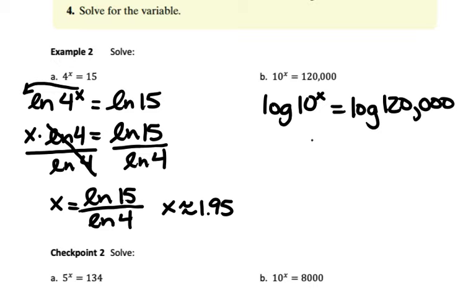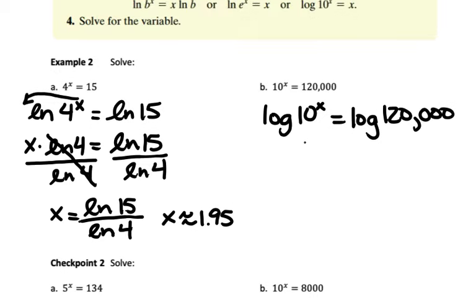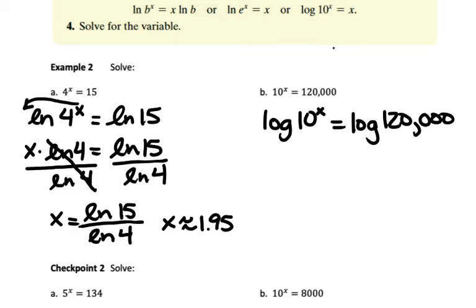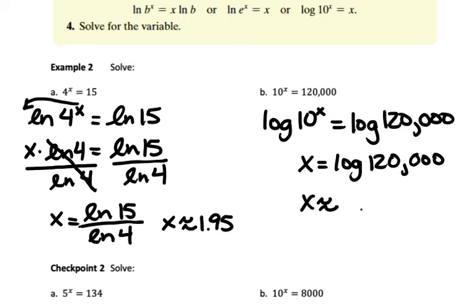Log of 10 to the x, using my property above, is just equal to x. So x equals log 120,000. This is the exact answer, so I would type that into the homework first, and then on my calculator, I would type it in to get the decimal approximation. It's approximately 5.08.